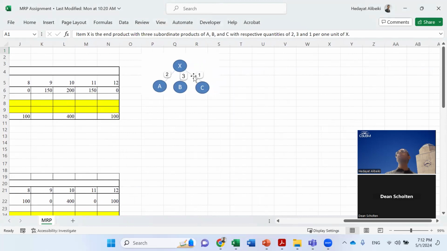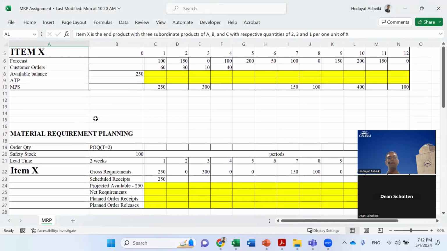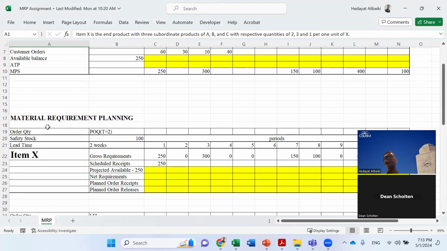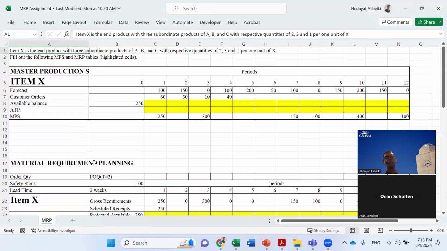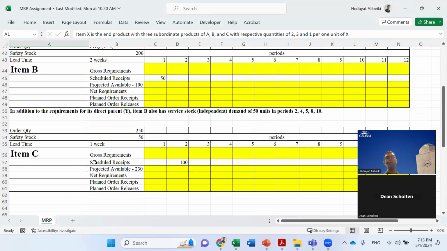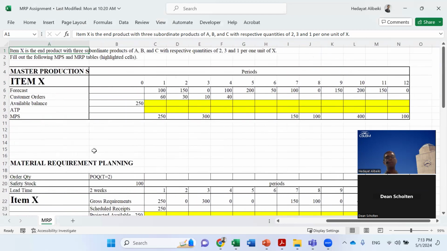We have item X, the parent item, and it's made up of two A's, three B's, and one C. And we have the MPS, the Master Production Schedule for X, and the MRP, Material Requirements Planning for item X as well, and then tables 1, 2, 3 for A, B, C, the children, okay?